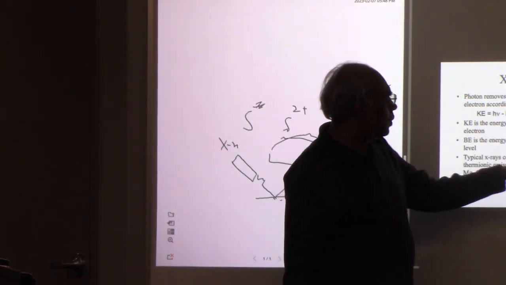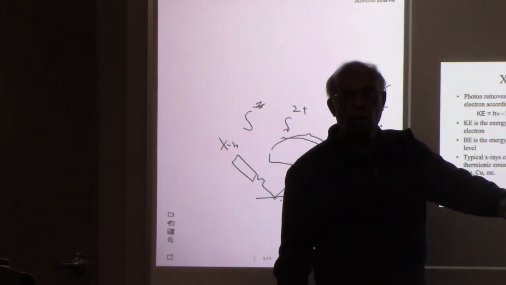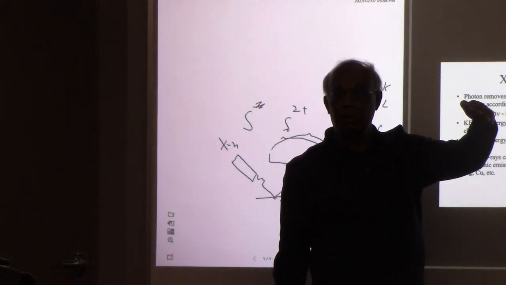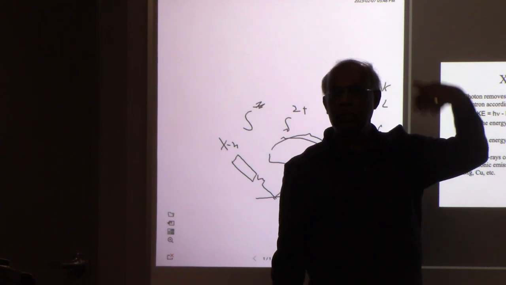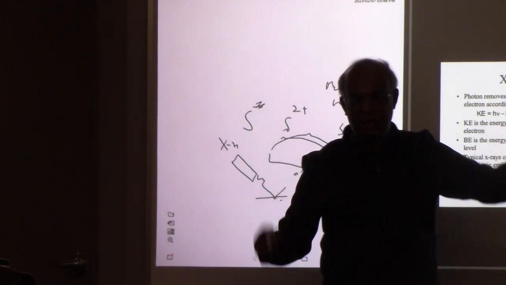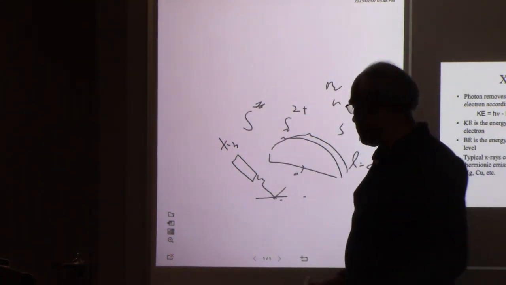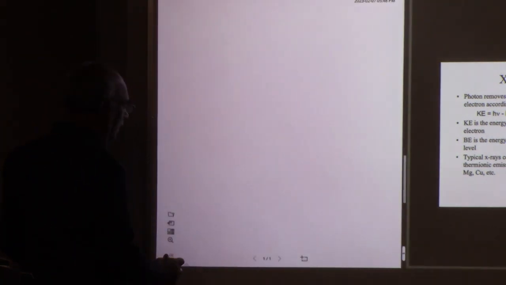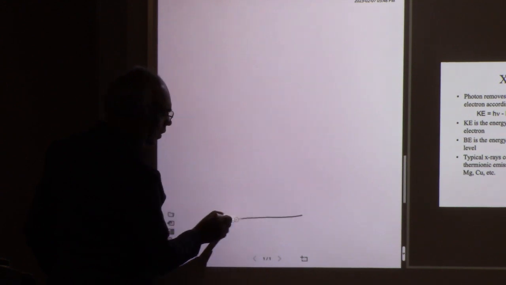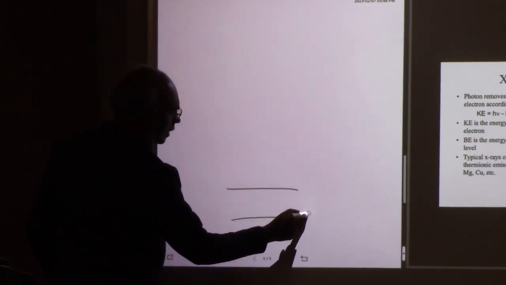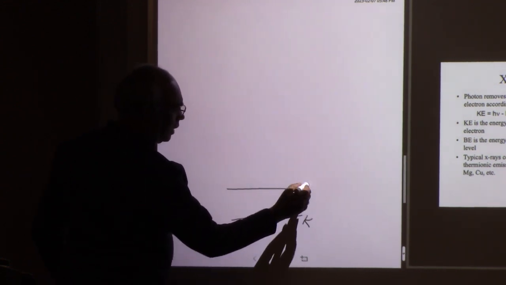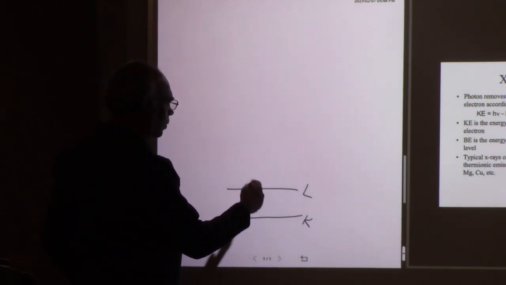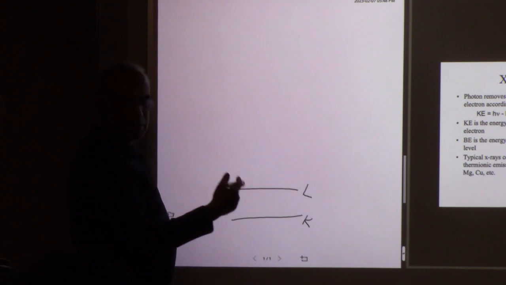So if I look at first, what you have is core electron levels. After that you have the valence electrons, right? Valence is the outermost. Typically, if you take a semiconductor, how do things look? First I have these core electrons, K, L, and L can have L1, L2, L3 like that, right?